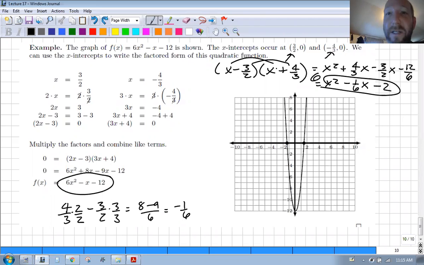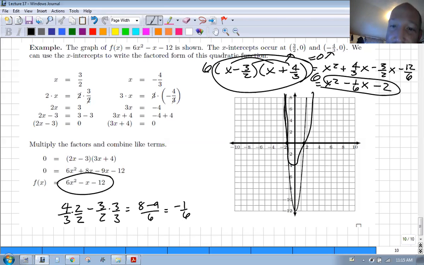The reason is because setting this equal to 0 gives us 3/2 and minus 4/3. If I multiply this whole thing by 6, I still get the same solutions. Okay. The thing is it's the difference between this versus this versus this.